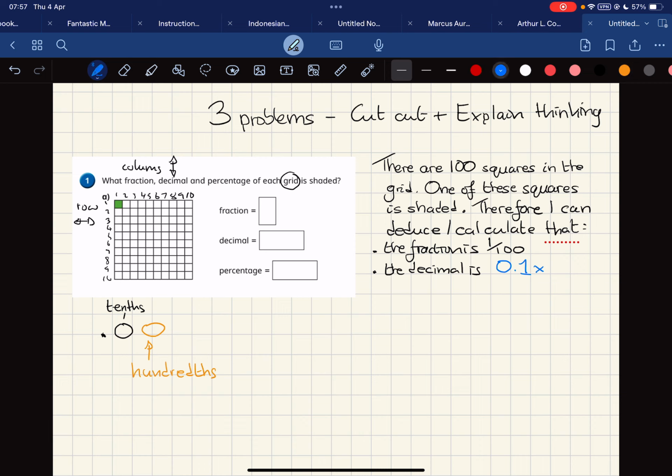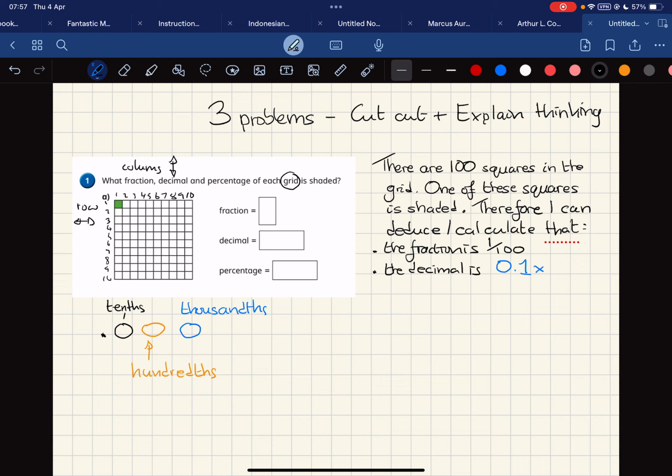Okay, and then the last one is our thousandths. All right. Okay, so we have our tenths, hundredths, thousandths, and we know that there's 1 part per 100. So we're looking at the hundredths, not the tenths, for our decimal.